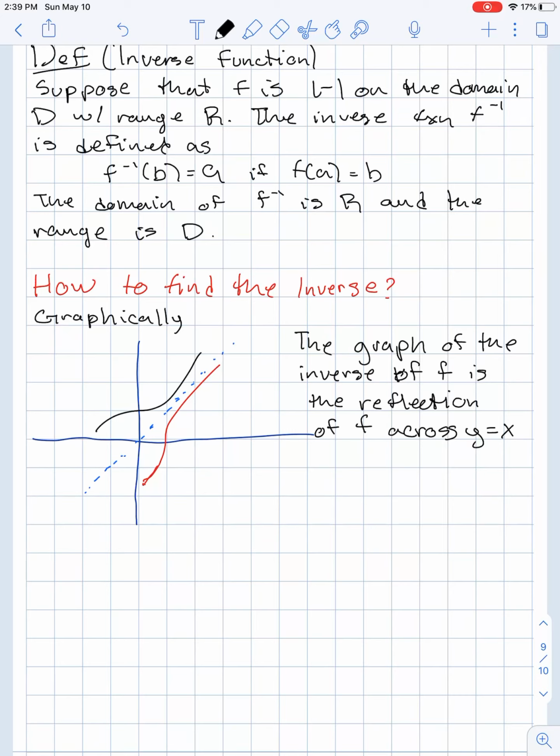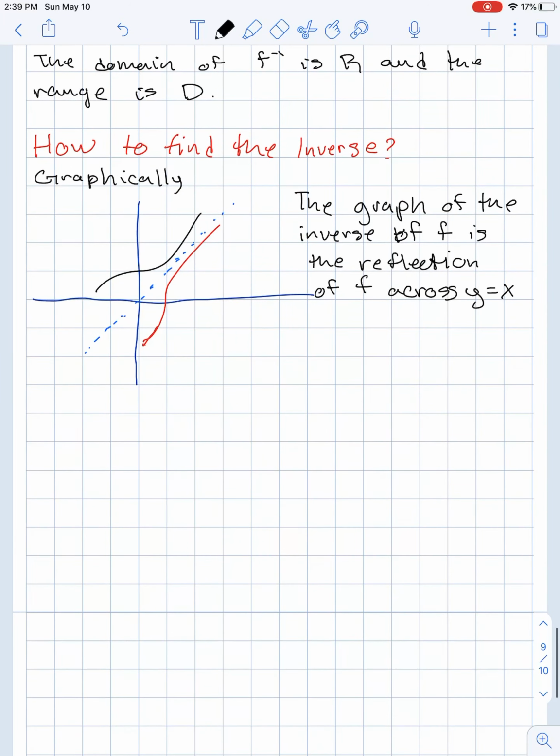So what if we're just given an equation and we're asked to find the inverse? So there's two different ways. They're basically the same way, but two different steps.